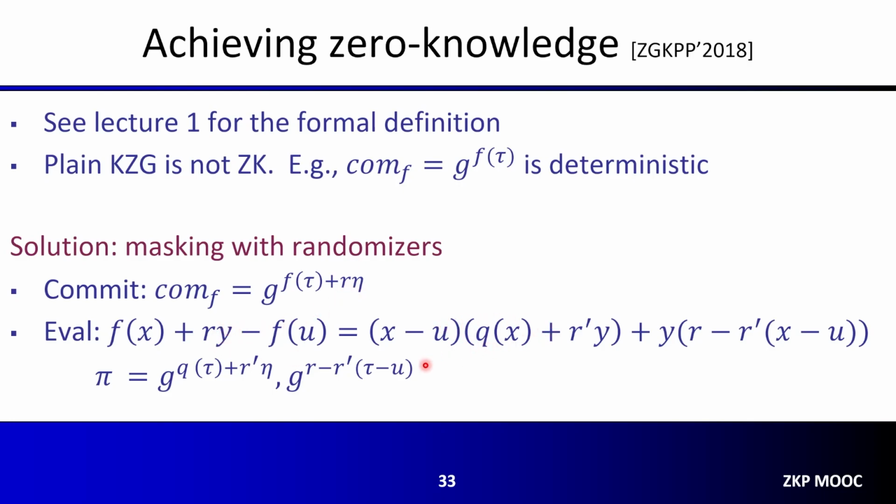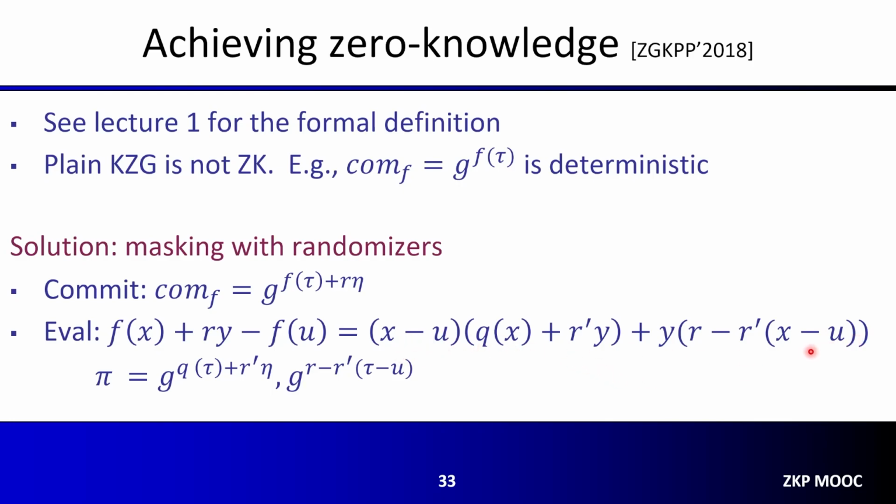And on the right-hand side, instead of doing x minus u times q of x, we are going to do x minus u times q of x plus r prime times y, where r prime is another randomizer sampled by the prover to mask this proof. And then if you expand this multiplication, we will see that this is the remaining term, and all of them have this common factor y. So we can write it as y times r minus r prime times x minus u.